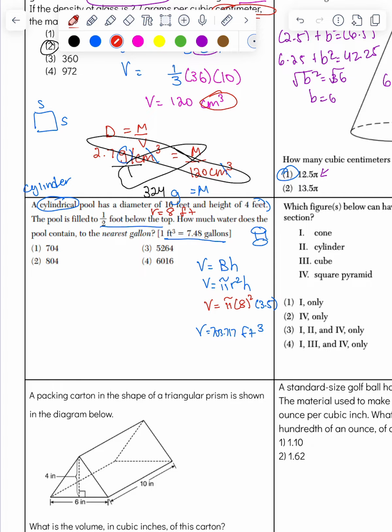If you don't see that, or you have trouble seeing that, you can always make a proportion. The proportion would be as follows. If there are 7.48 gallons for every cubic foot, how many gallons are there for 703.717 cubic feet? And then we can cross multiply and we can see what we get.